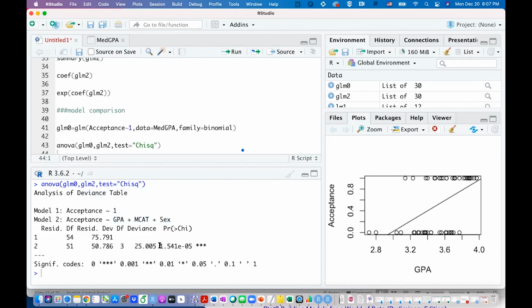You can see the p-value here is very significant. That means the predictors in model 2, at least some of them, are very significant.